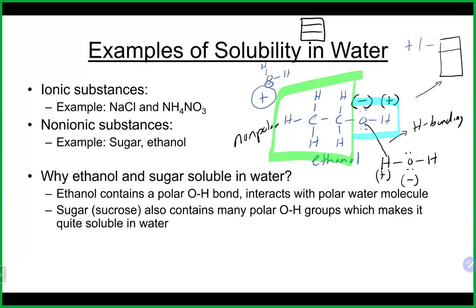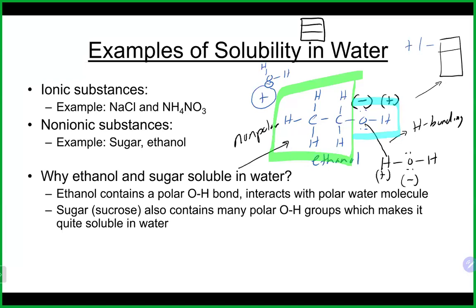Now, as we'll talk about when we get to organic chemistry, if by chance you don't have ethanol here, but you have something like octanol, which has another 6 carbons and a bunch of hydrogens, the solubility in water is non-existent because it gets too big and it blocks the ability of water to get to that OH part of it.